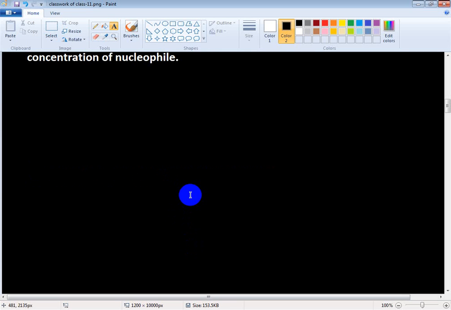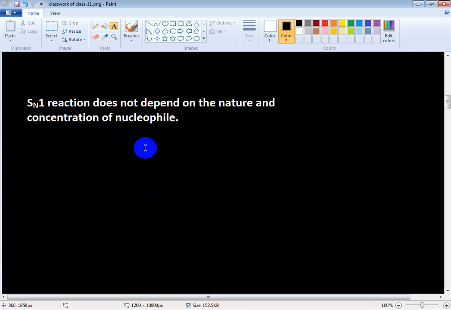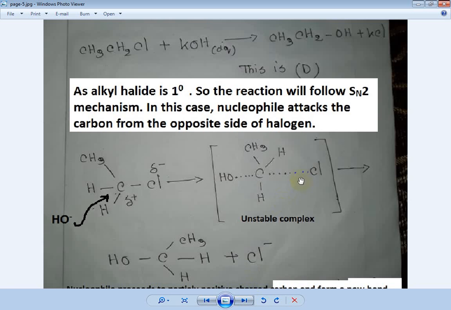Okay, the third factor was the leaving group. The atom or group of atoms substituted by a nucleophile in a substitution reaction is called the leaving group. This is the leaving group.